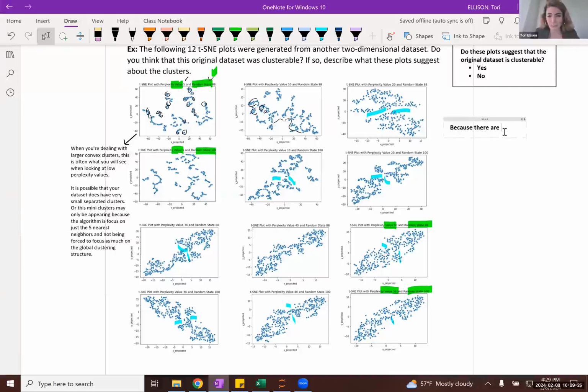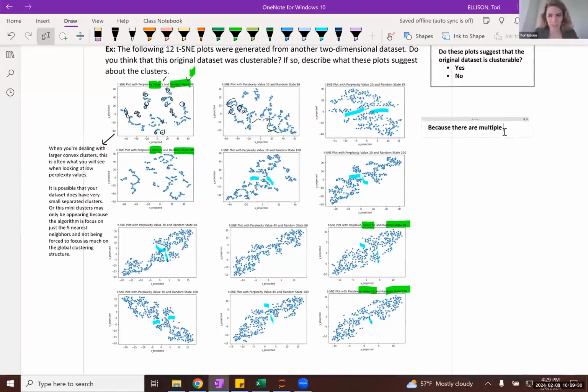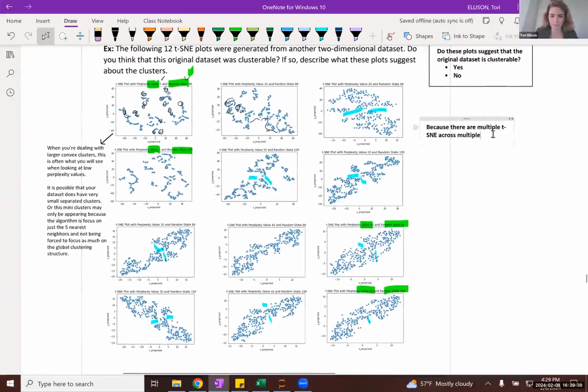What I'm seeing here is that there are multiple t-SNE plots across multiple random states and perplexity values that show this cloud of points with slight gaps on the edges.